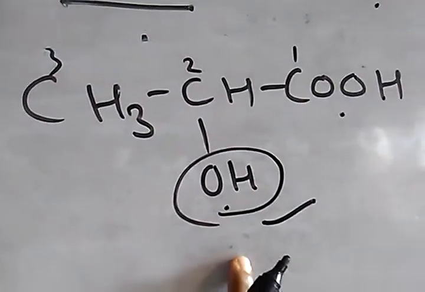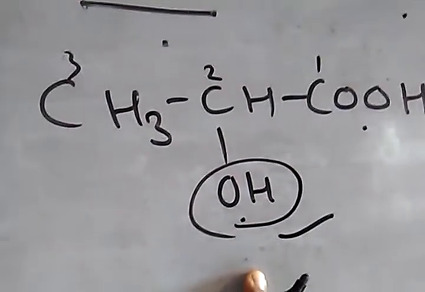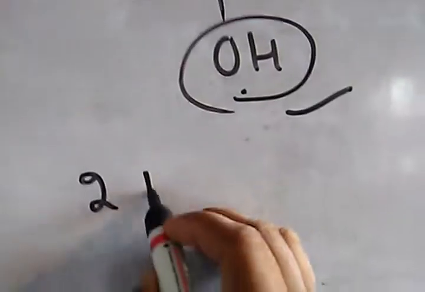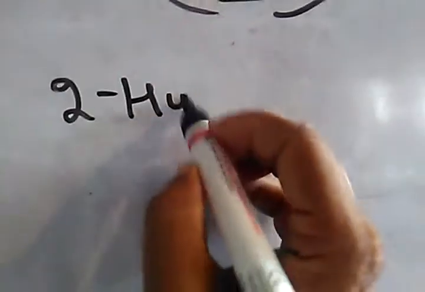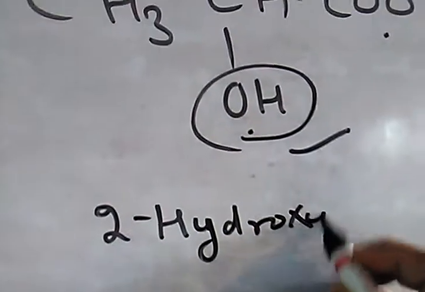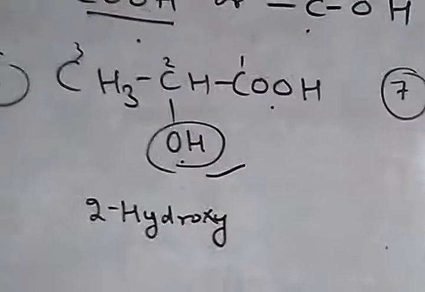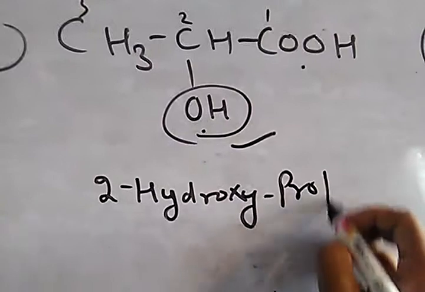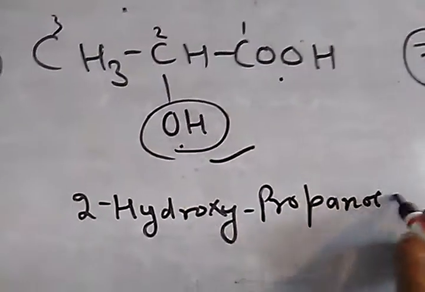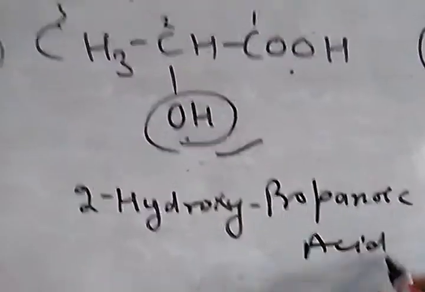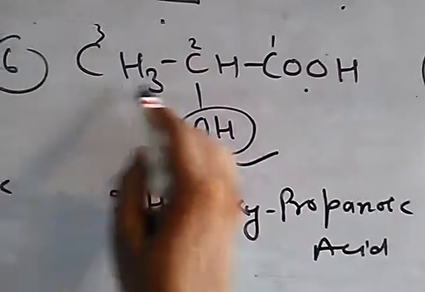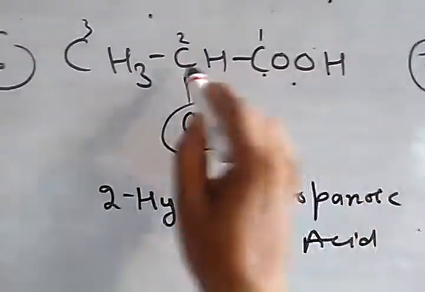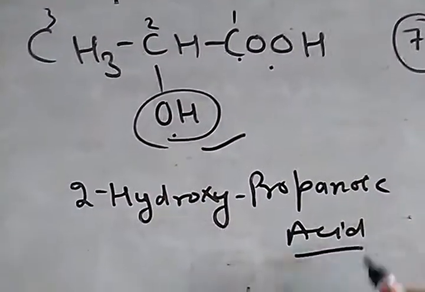When OH is present as a side chain, it is called hydroxy. 2-hydroxy propanoic acid. Propanoic acid, because the parent chain contains only 3 carbon atoms. 1, 2, 3, propanoic acid.